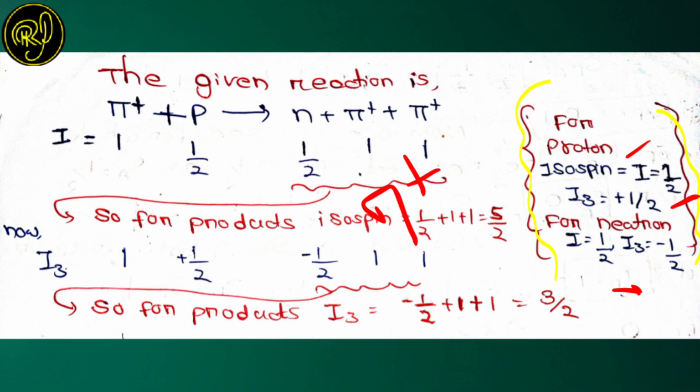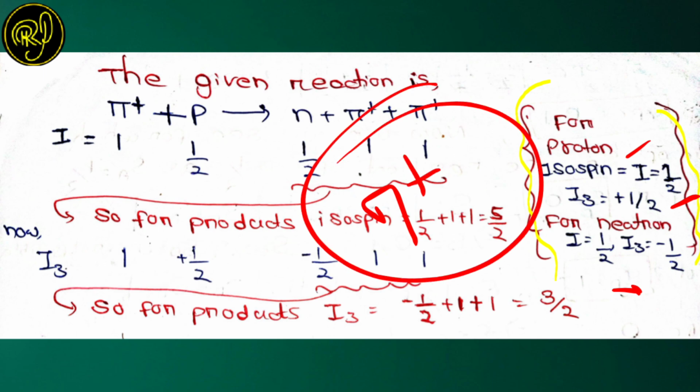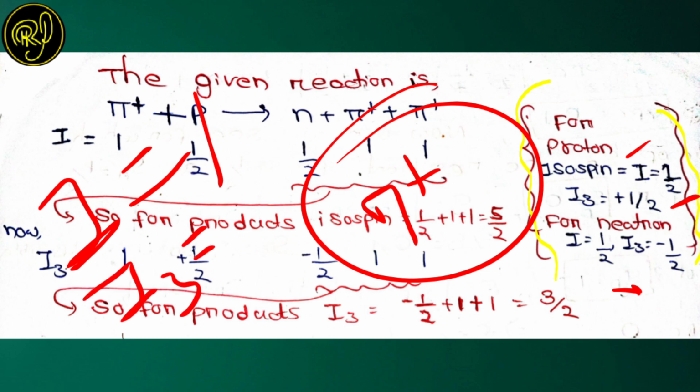And for pi plus, the isospin is equal to 1, and the third component of isospin is also equal to 1. You just have to remember some values: for proton and neutron I is equal to half, and for proton I3 is equal to plus half, and for neutron I3 is equal to minus half.